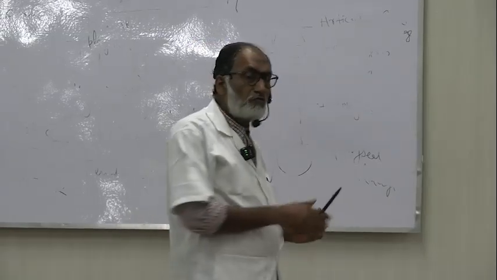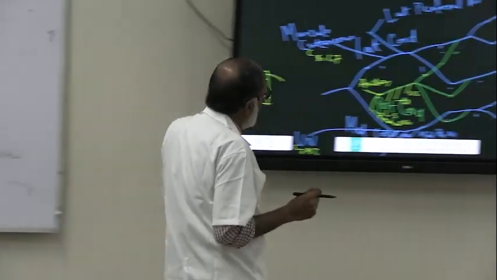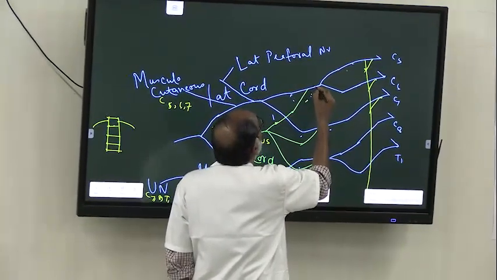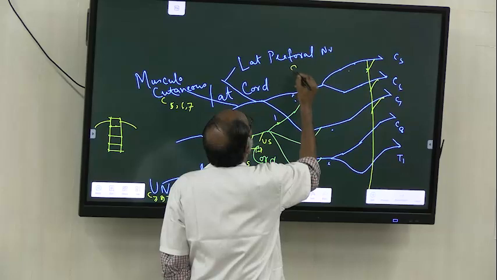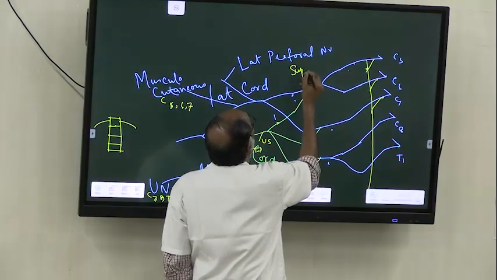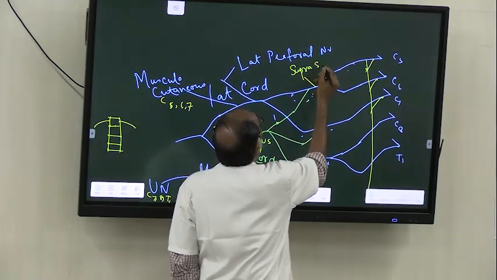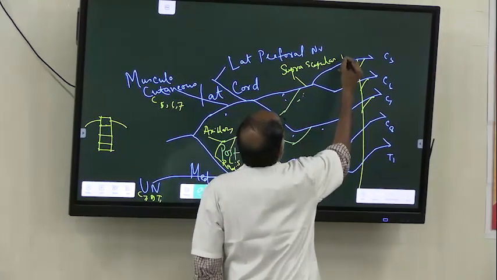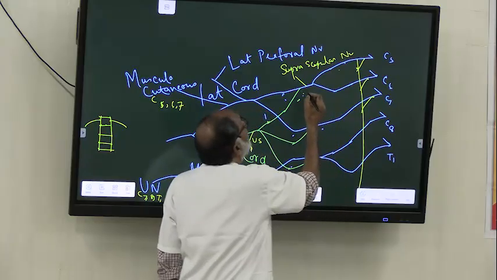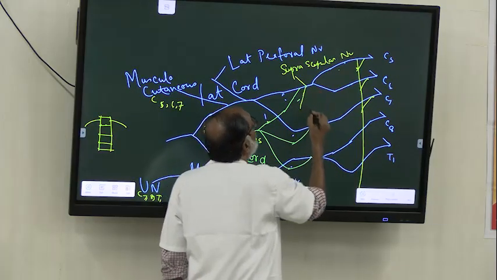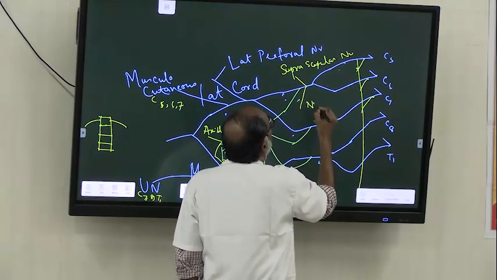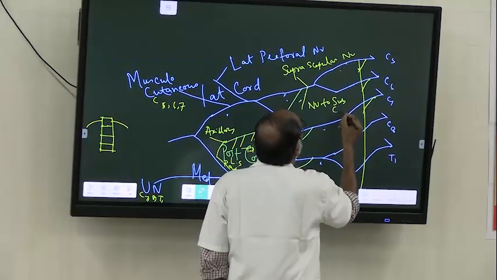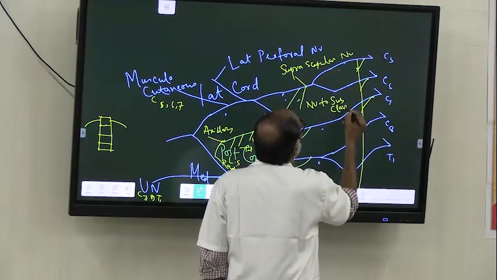Another important nerve comes out from the upper trunk, that is known as suprascapular nerve. Another nerve comes out, nerve to subclavius.